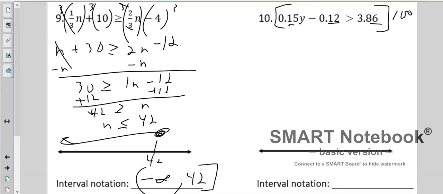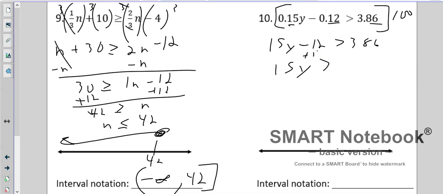You can use the decimals, add 0.12, which is like $3.86 plus 12 cents, which would be $3.98. Or you have the option of getting rid of the decimals and just have 15y minus 12 greater than 386. It really depends on what you want to do. It's up to you. You're going to get the same answer anyway. And you have calculators, so bigger numbers don't really matter.